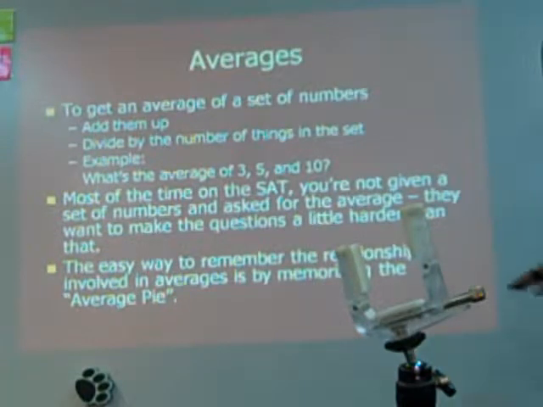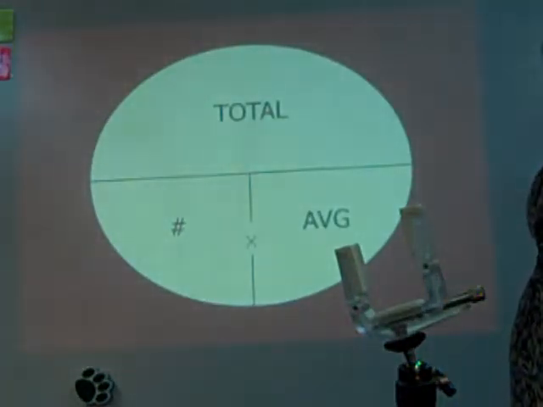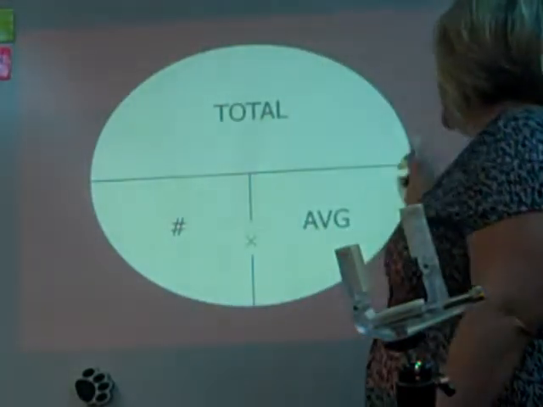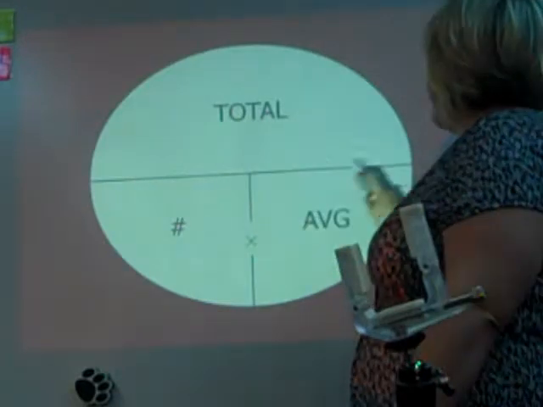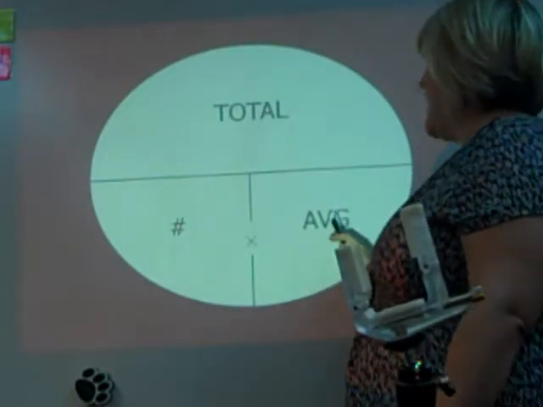So the easy way to remember the relationships involved in averages is by memorizing the average pie. In the average pie, you have a circle, and you draw a T inside of the circle, and it's total, number, average.